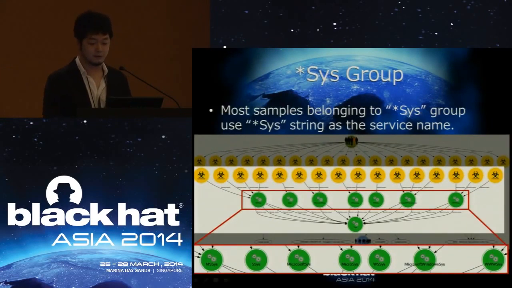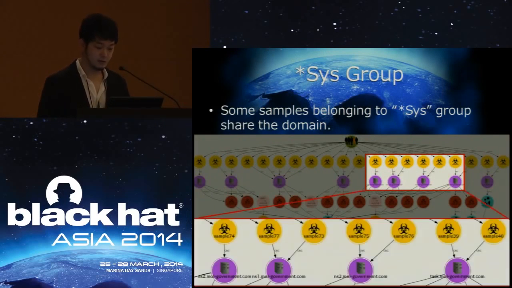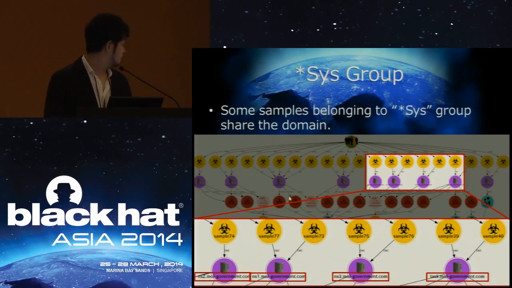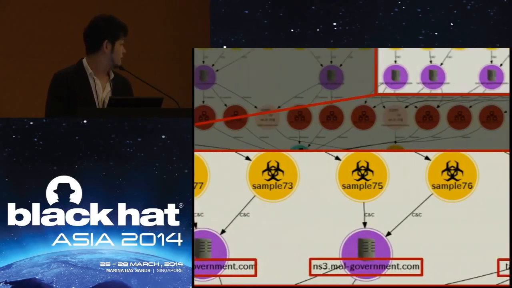And we can also find some network characteristics of cis group, although we classified those samples as cis group using the service name. Let's see that. Some samples belonging to cis group share the domain, like this. moregovernment.com is shared by some samples.